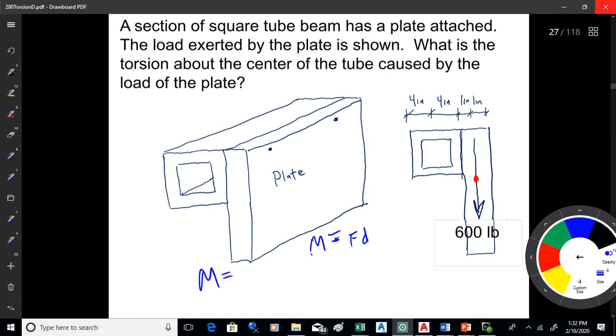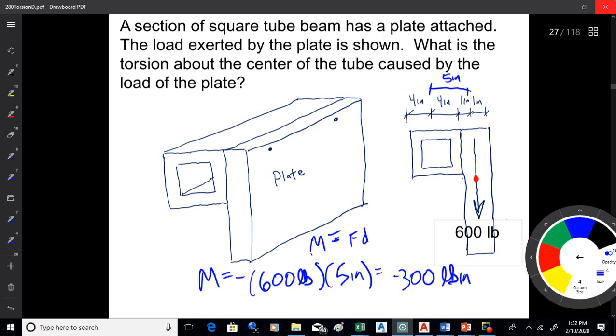It's going to be the force, 600 pounds, times that offset distance, 5 inches, because we're going 4 plus 1 more. Now, by right-hand rule, that's clockwise, so you could put a negative on that if you wished. It may not be a huge deal to do that, but it might. So there you go.